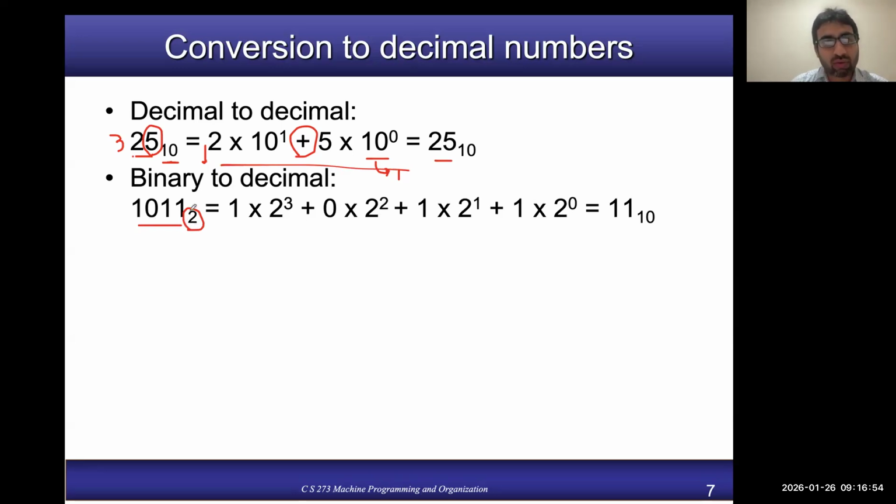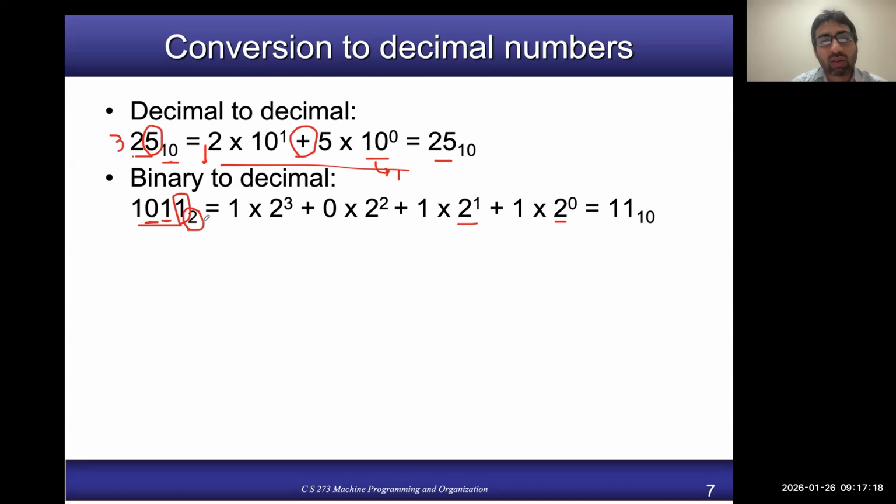We take the first digit, which is 1, and multiply it with the base to the power 0. The base is 2, so 1 times 2 raised to power 0. We multiply the next digit, which is 1, with 2 raised to power 1. We multiply the third digit, when we start from right to left.